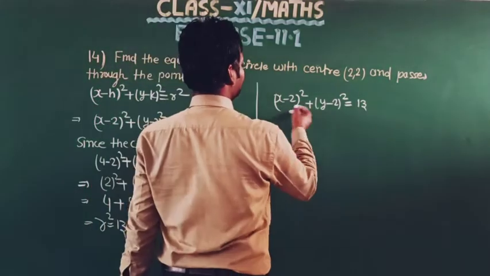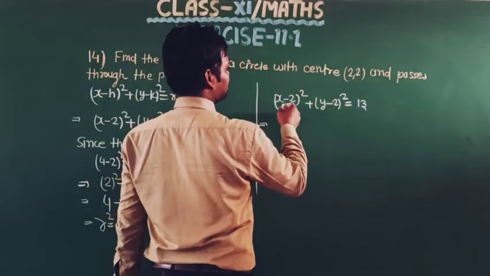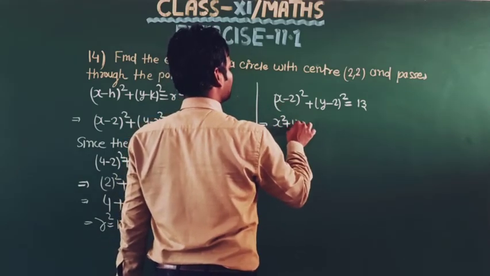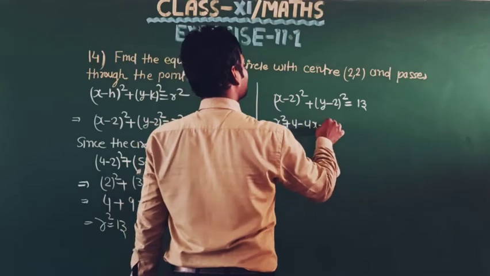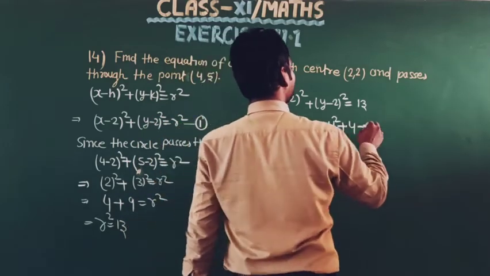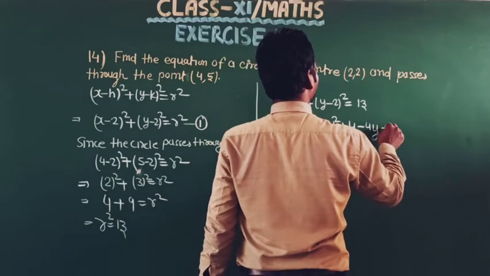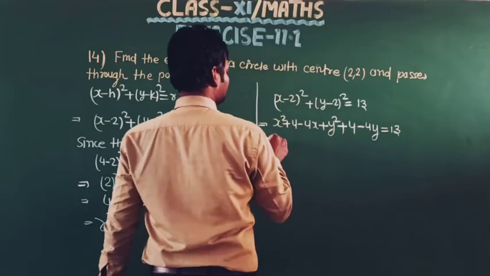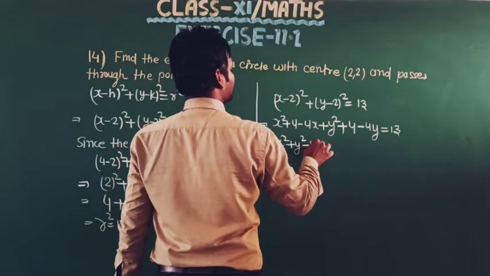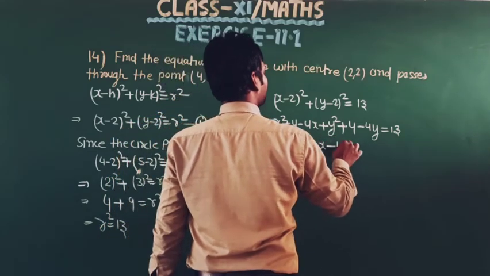Now simplify this expression: x square plus 4 minus 4x plus y square plus 4 minus 4y equal to 13.